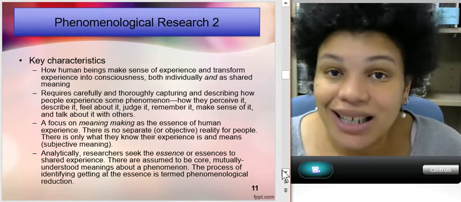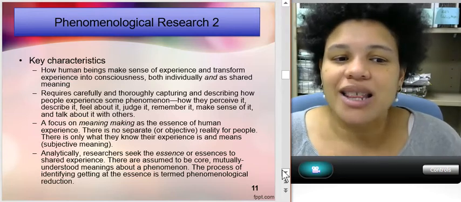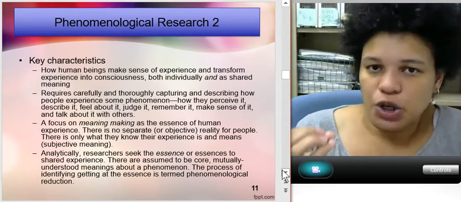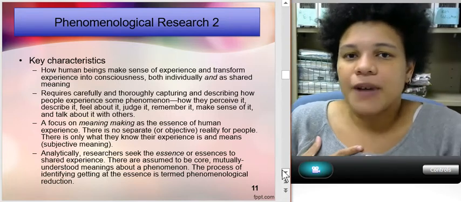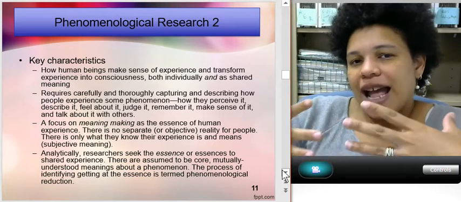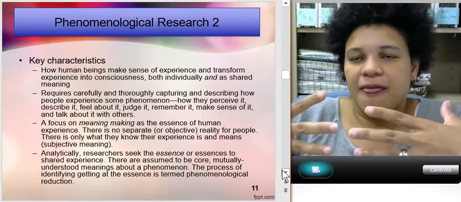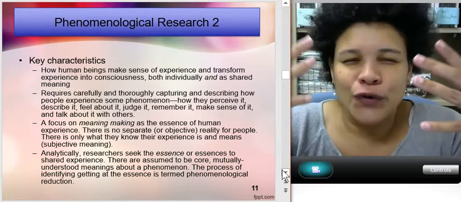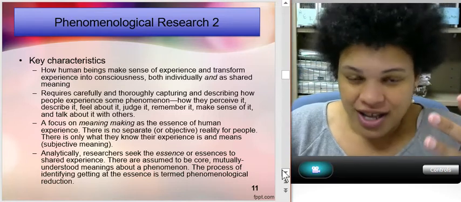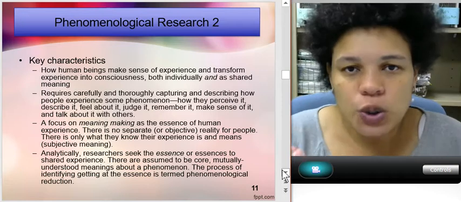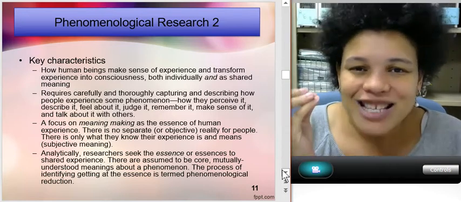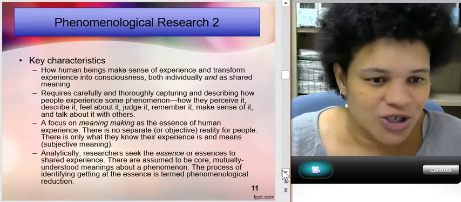Now, analytically, researchers are seeking the essence or essences of this shared experience. So even though I have a way of interpreting things, I see the world in a certain way, there isn't this universal truth. There may be essences to particular phenomena, particular experiences, and that's what we're looking for as researchers.